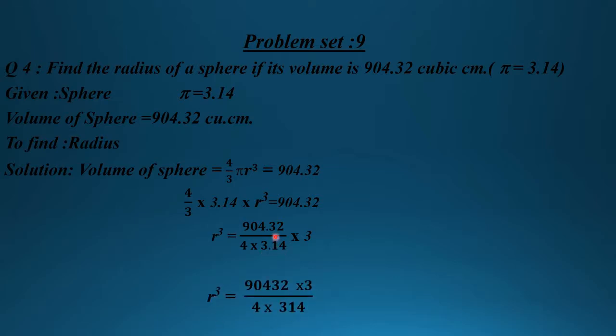Now, cancelling the decimal point, here we have after decimal 2 numbers. Here also we have after decimal 2 numbers. Cancelling each, we get r cube is equal to 90432 multiplied by 3 upon 4 into 314. So, r cube is equal to 72 into 3.